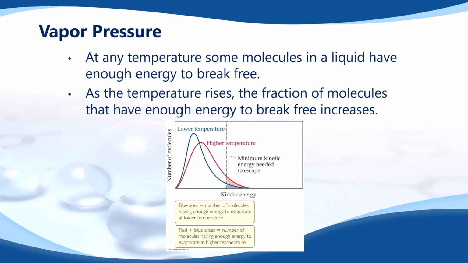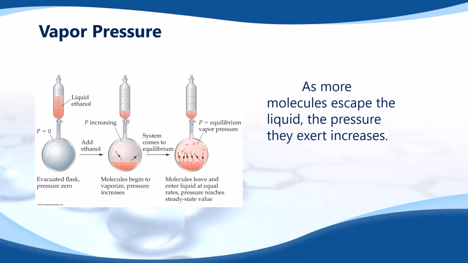Right, so what this kind of means for us is if we look at this diagram right here, you put ethanol into the flask, and some ethanol will start to vaporize as soon as it gets into the open container. And eventually you'll reach an equilibrium where you have an equal number of molecules that escape into the gas phase as you have being recaptured into the liquid phase, and you'll get a fairly constant equilibrium vapor pressure generated by this.